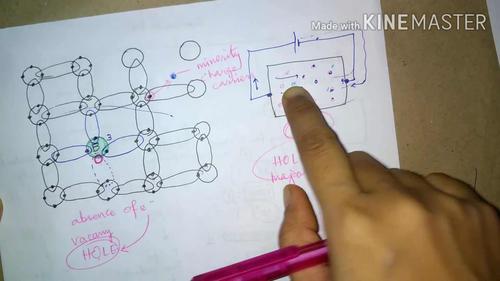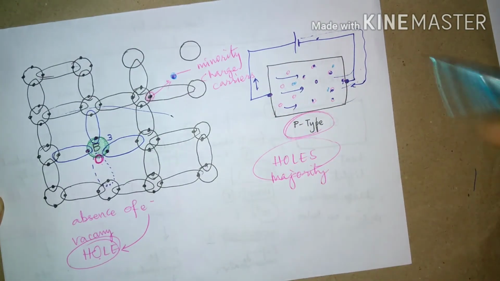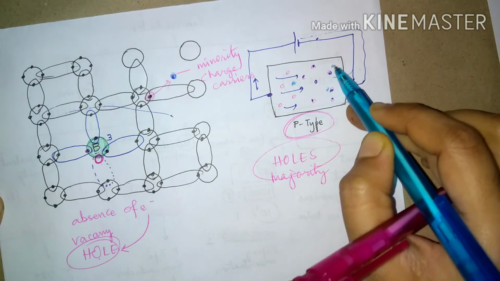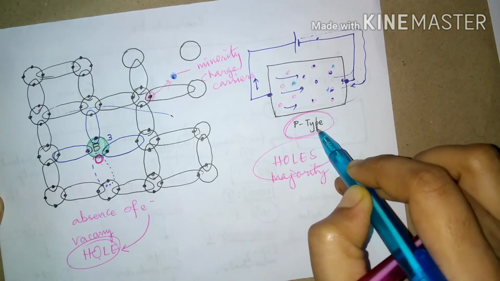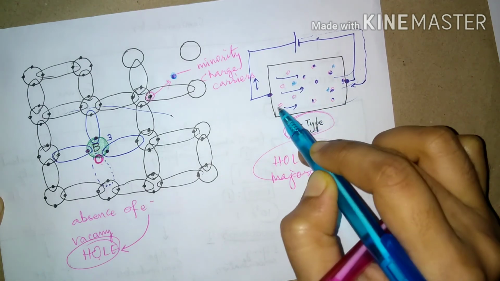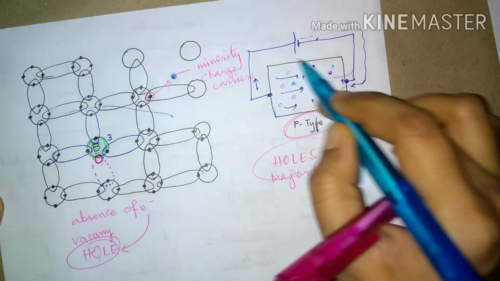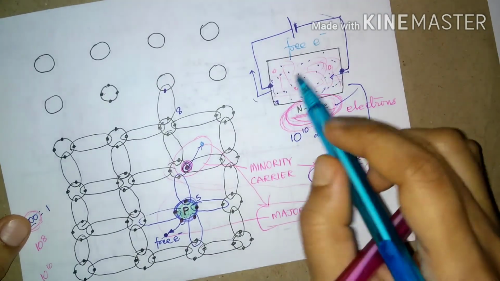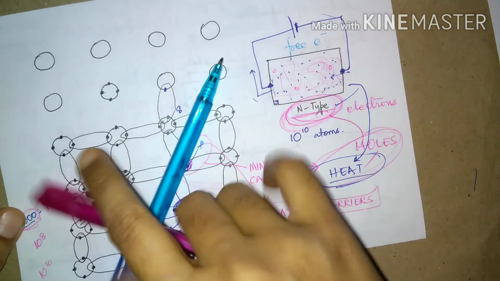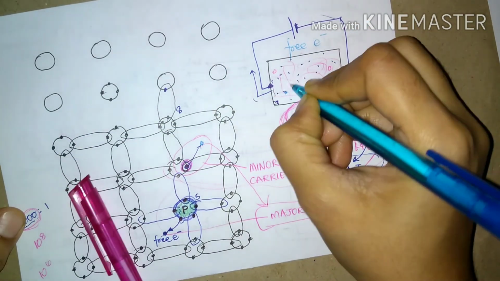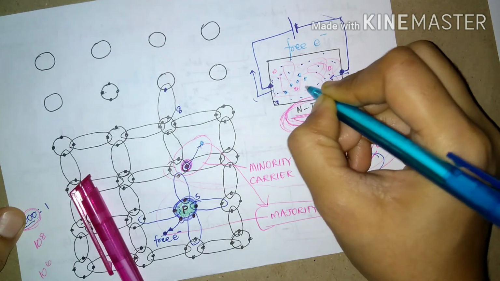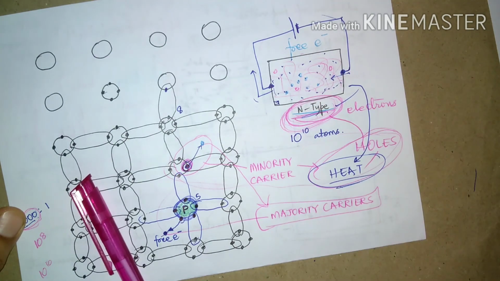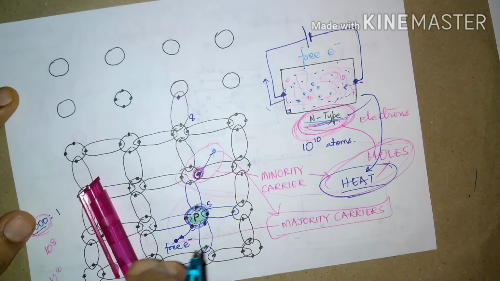These blue electrons are minority charge carriers in p-type, and all these pink holes are majority charge carriers in p-type, and all these blue electrons are majority charge carriers in n-type. Clear with p-type and n-type?